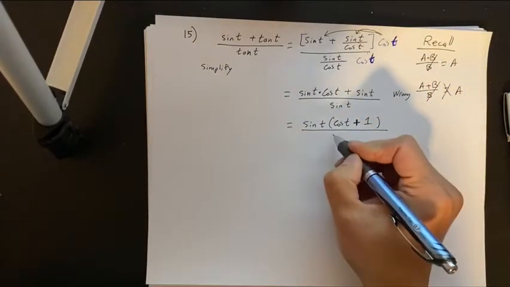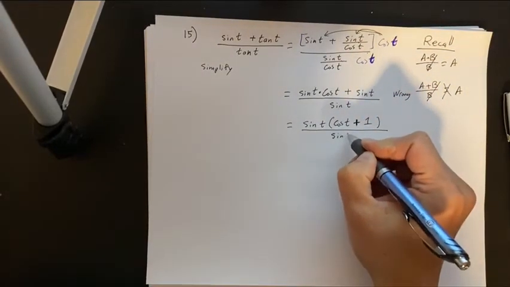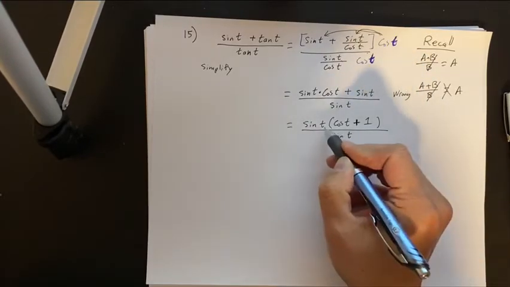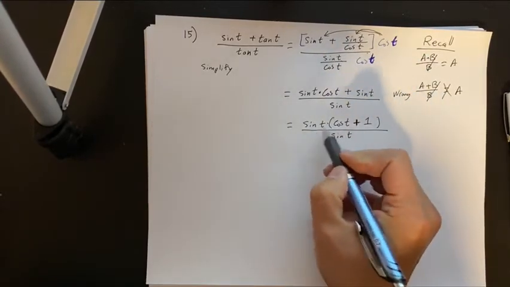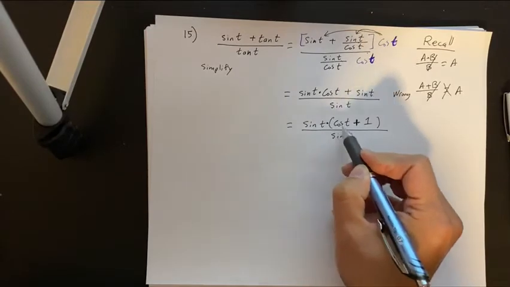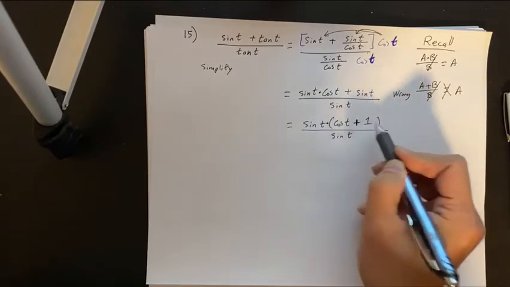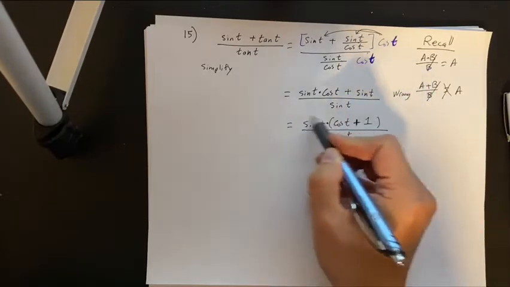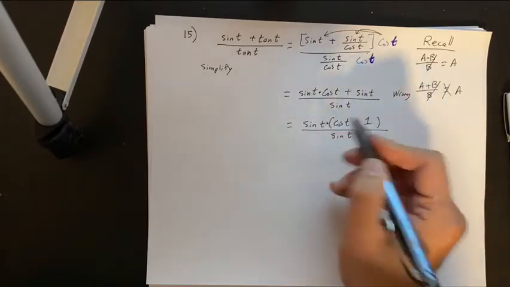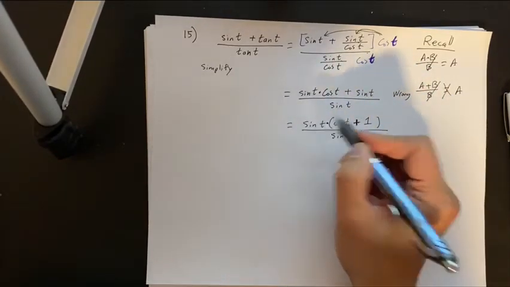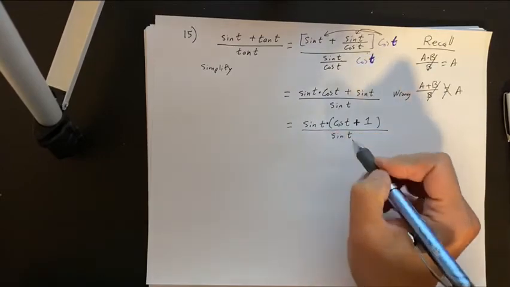Okay? So once I factor out that sine t, you see here that sine t is indeed a factor of the whole term on top, and this is just one term. And here I can now cancel out this sine t.